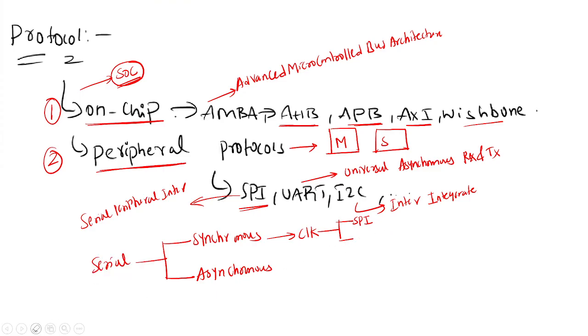Next you have asynchronous communication, UART, the Universal Asynchronous Receiver and Transmitter. This is the protocol we are going to develop. So today we discussed the different types of communication protocols, on-chip and off-chip. Okay.